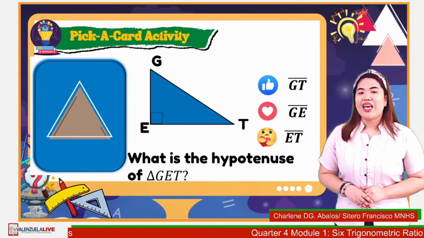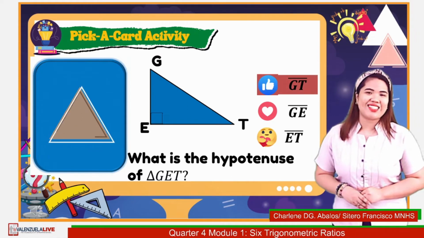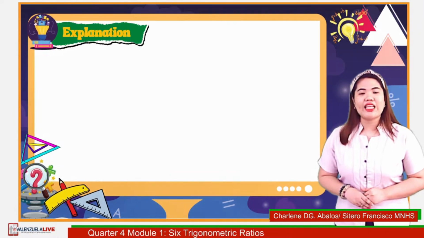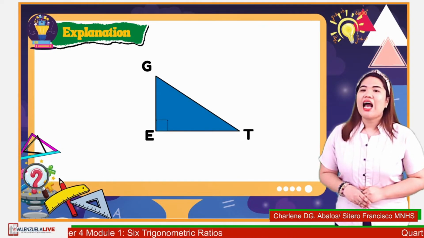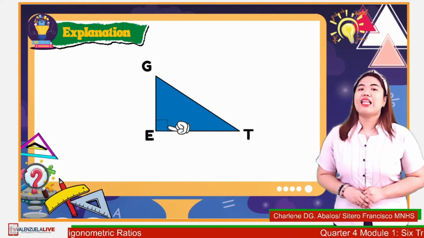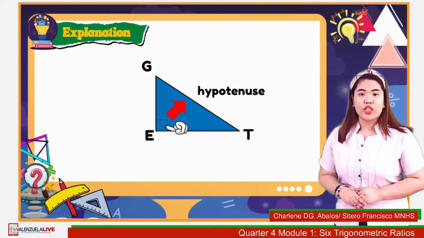Time is up. If you click like reaction, then you are correct. Given the triangle GEP, angle E is a right angle, and the side opposite to it is called hypotenuse.